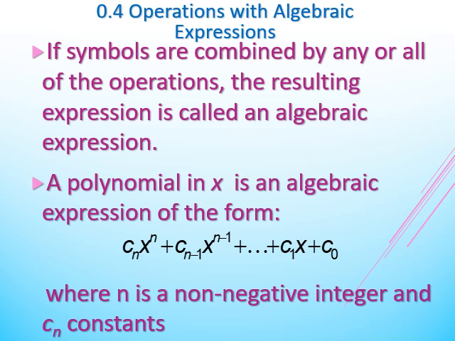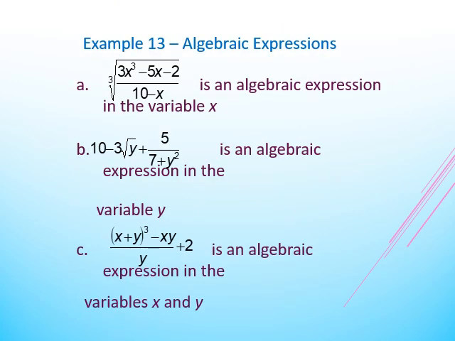A polynomial in x is an algebraic expression of the form like this, where x^n is a power, n is a non-negative integer, and cn is a constant. Let's take some examples of algebraic expressions.